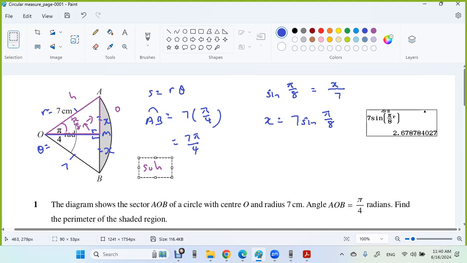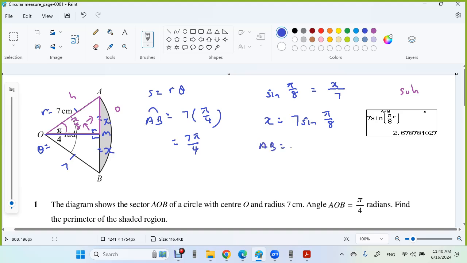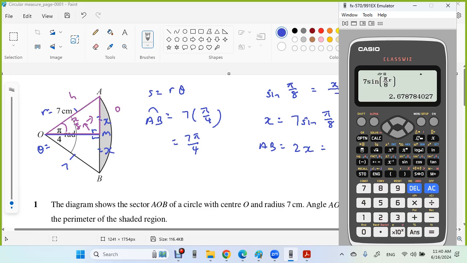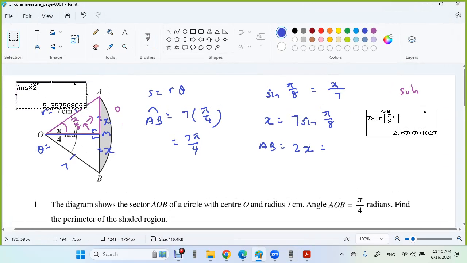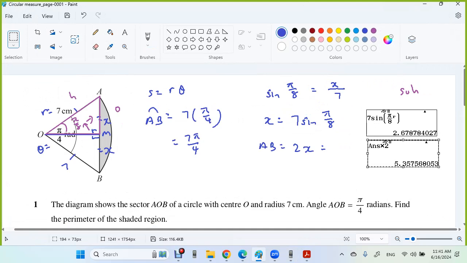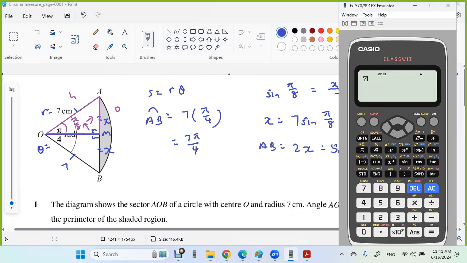Then AB will be 2x, so this one times 2, 5 point something. Okay, 5.36. Just now we have the 7 pi over 4.